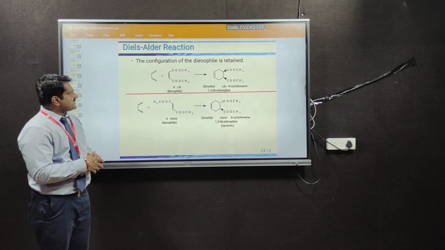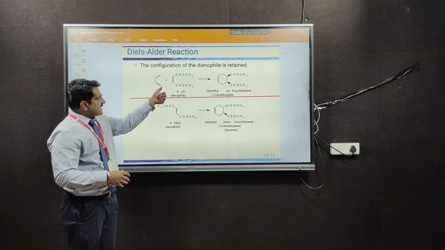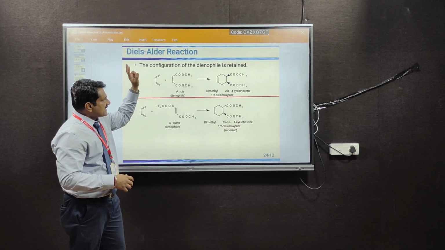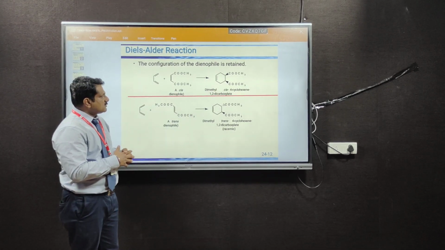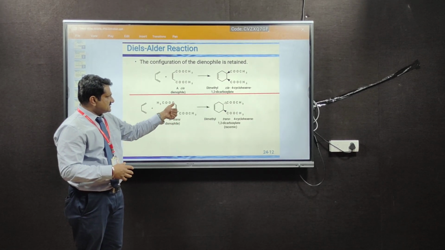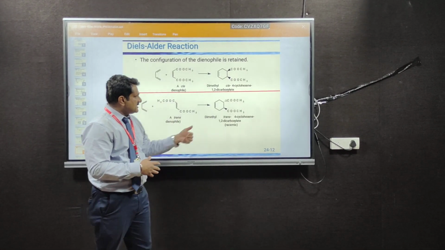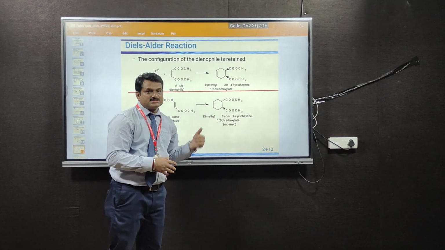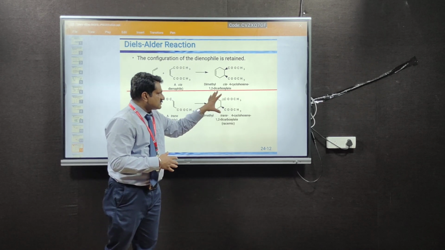Again we can see different examples over here. We will just replace the dienophile substitution over here, and we will have the corresponding cis product. Again we can have a different trans dienophile over here, and we will end up with the trans product in the stereochemistry aspect.